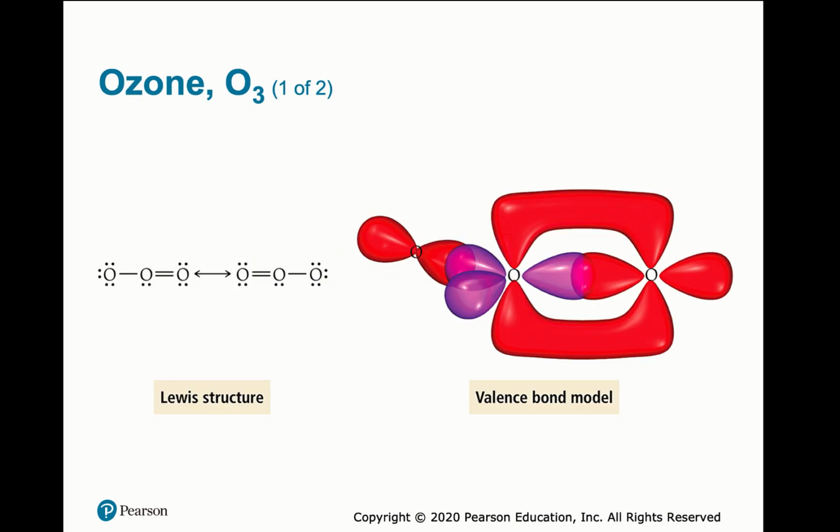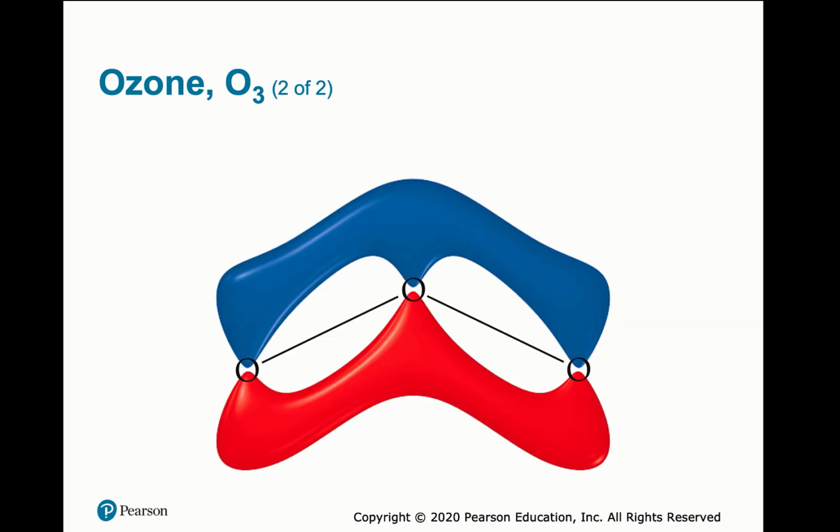So here is ozone, and this is the valence bond model, where you have a Lewis structure resonance, and then you have a valence bond. I guess you would go back and forth between that with the overlaps for valence bond.